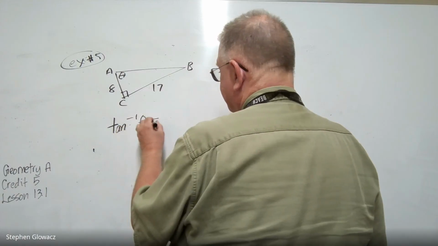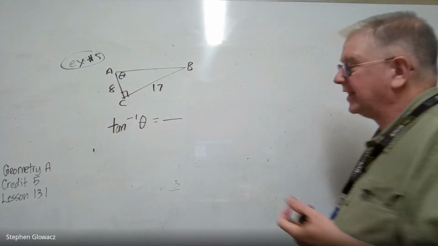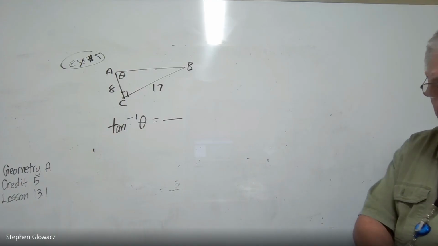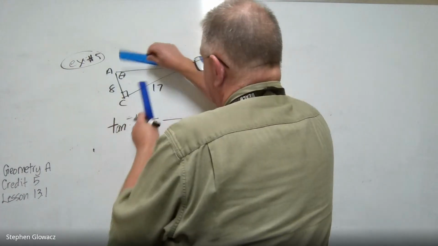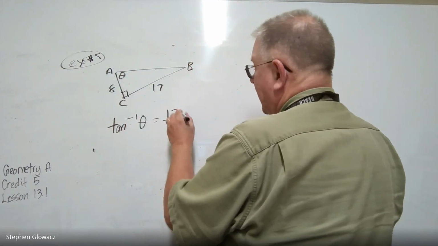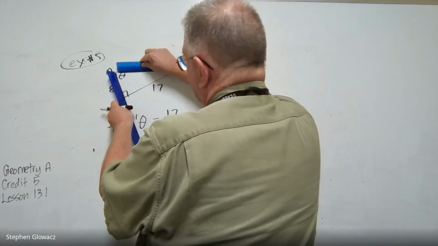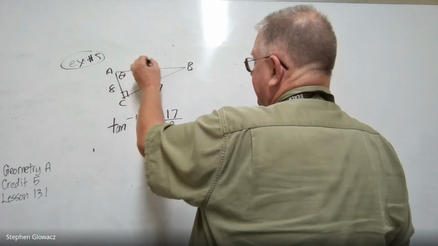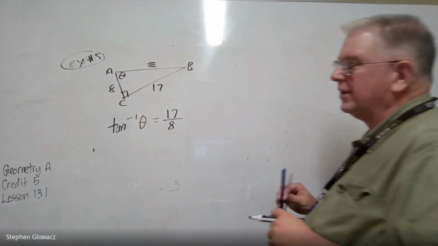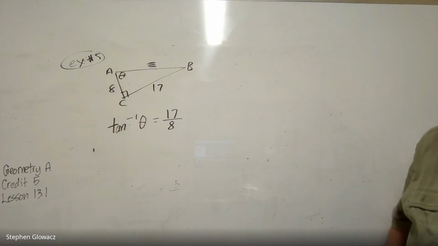So now what is the tangent of theta? Well, again, our opposite leg. So here's theta. Our opposite leg is the 17. And then our adjacent leg, the leg that's part of what forms theta, is the 8. Notice they were kind of nicer. They made it easier, they didn't even identify what the hypotenuse is there.